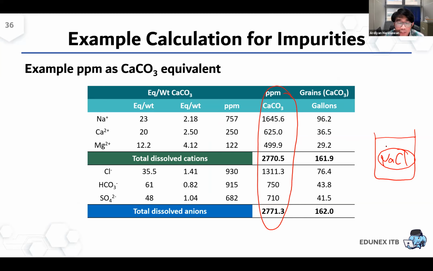How do you get the concentration of the NaCl in terms of milligram per liter? Any idea? Titration. Is it correct, Pak Hendra? Can you do titration to get the concentration of NaCl?